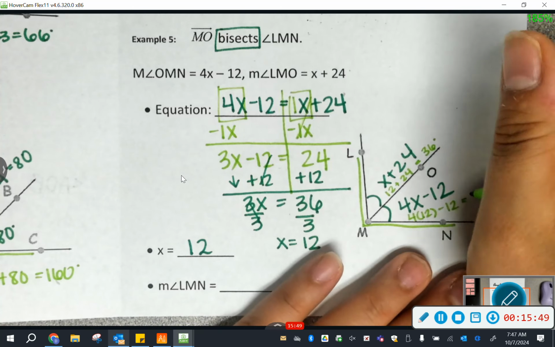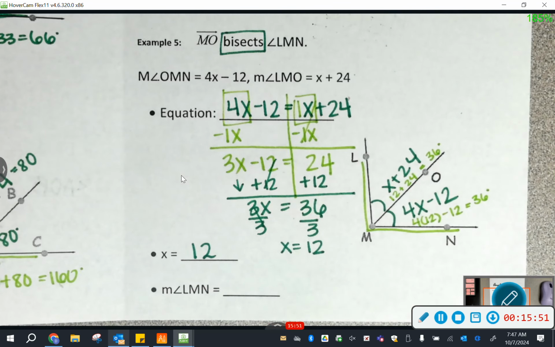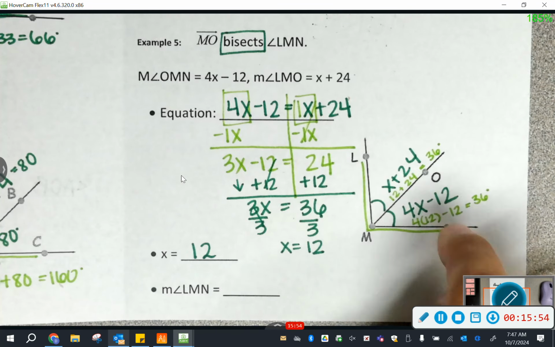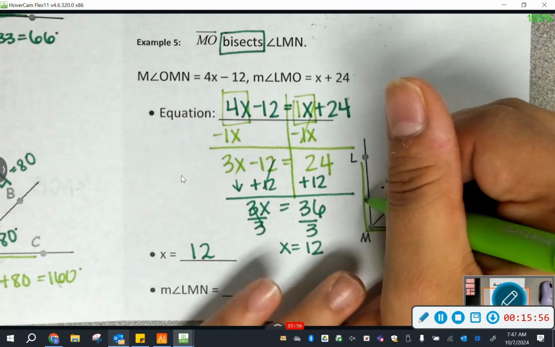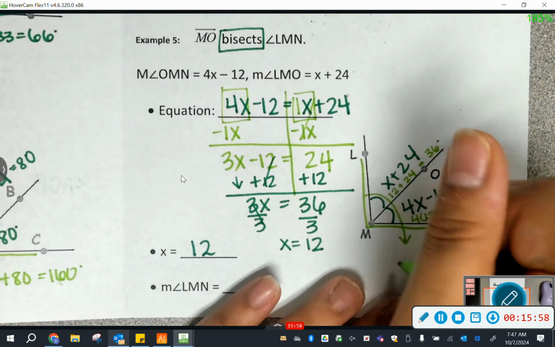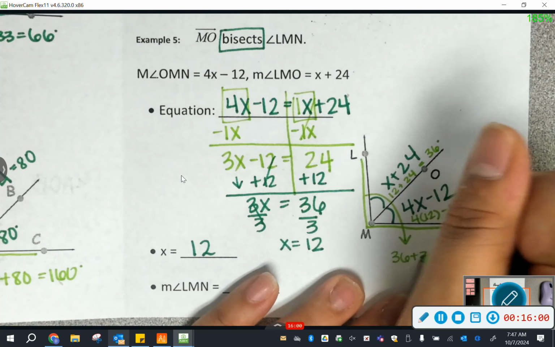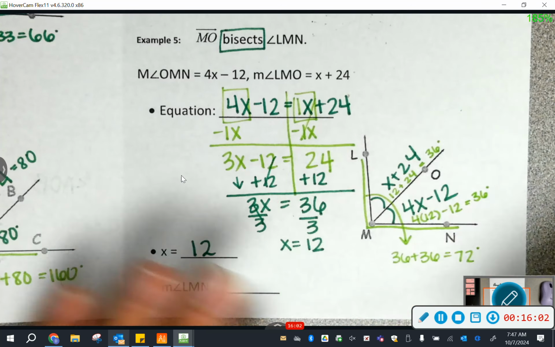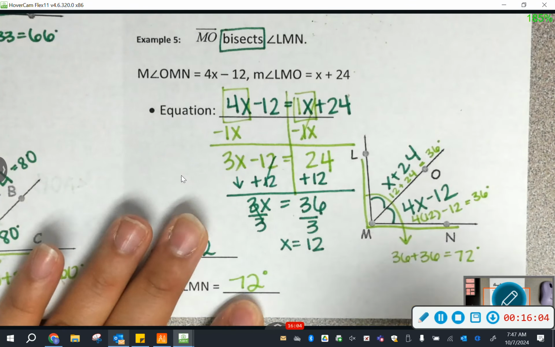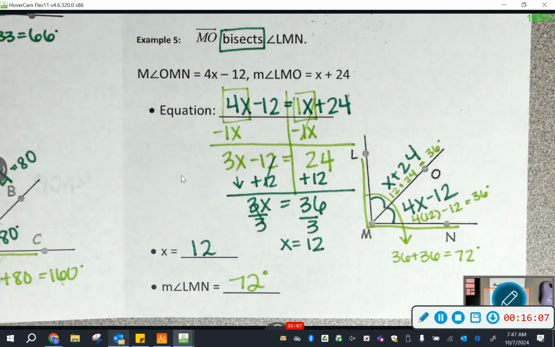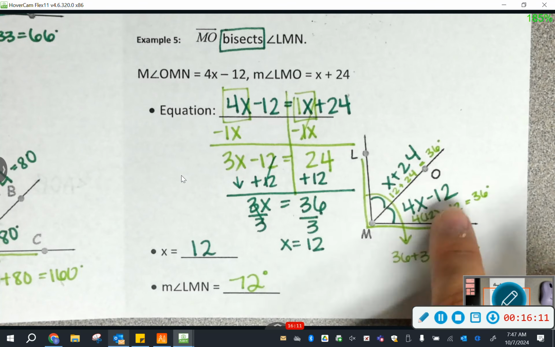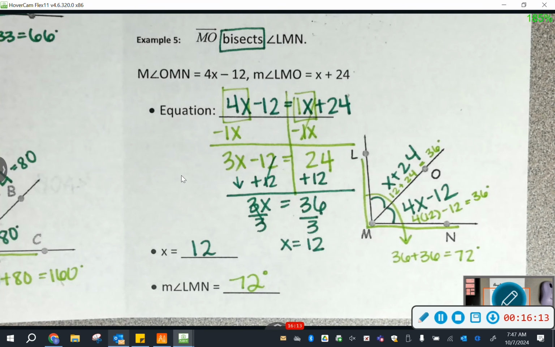It's 36 as well. So if each of them are 36, how do I find the whole thing? 72 degrees. So at the end, we plugged into each one and then added them together.